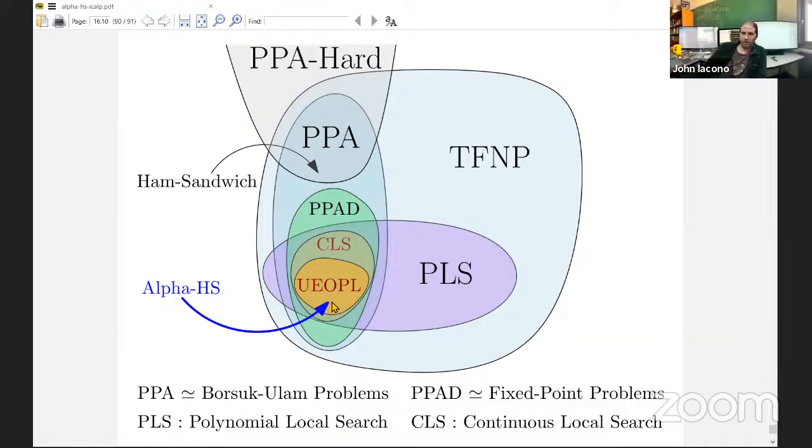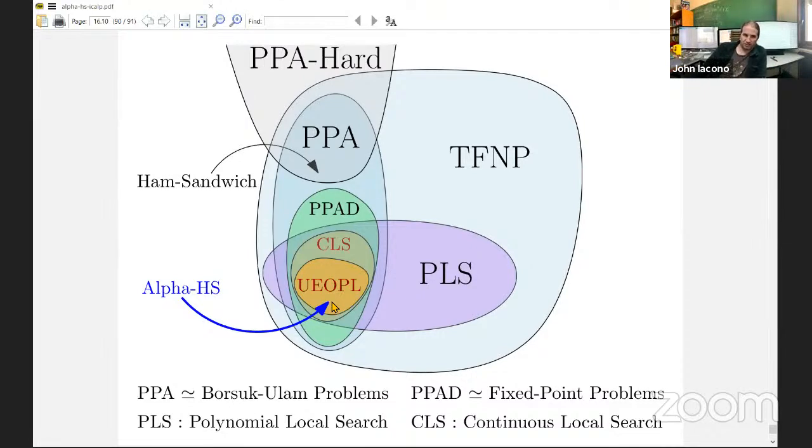Are there any other questions? I can ask, does this work with separating surfaces, polynomial surfaces of bounded degree, instead of planes? Could you repeat the question? For the ham sandwich, can you work with different sorts of separators?